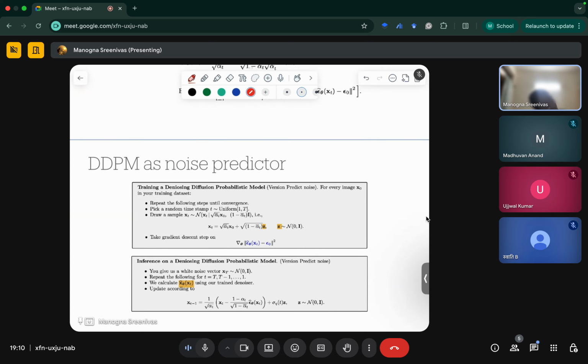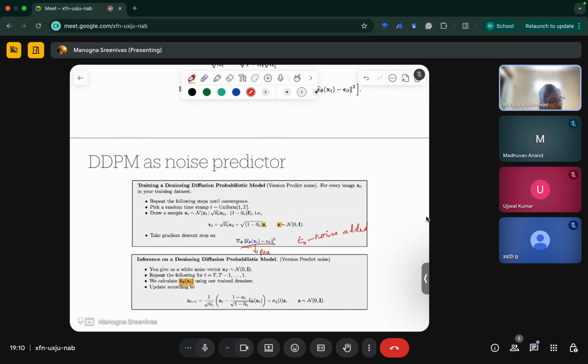Yeah, if you model the network to predict noise, instead of the loss being over xt, it will be over this. So here epsilon naught will be the noise added, and this is the predicted noise.